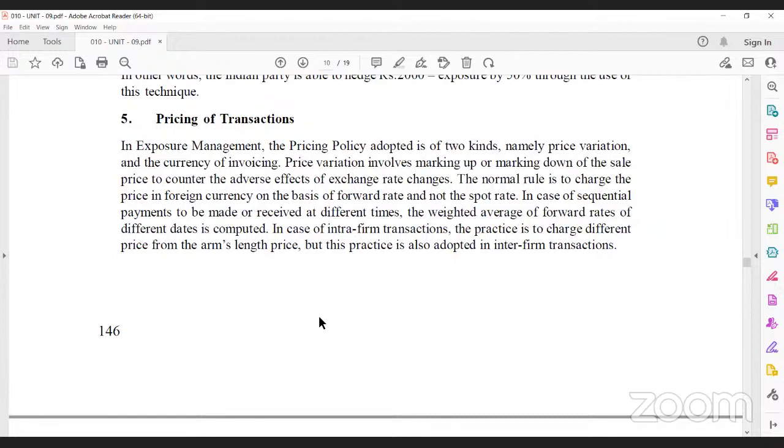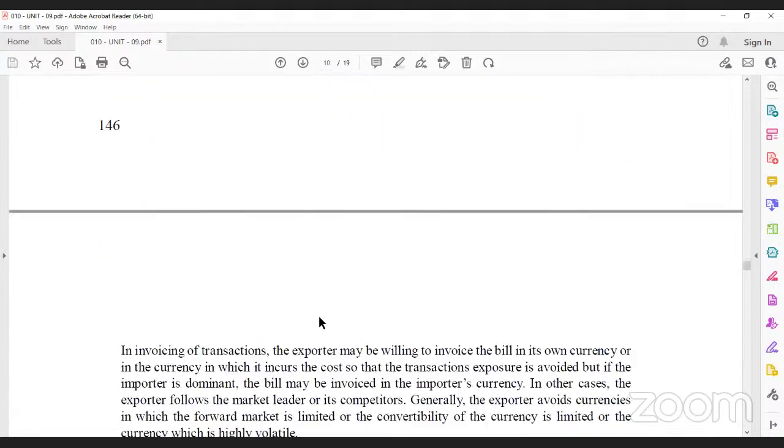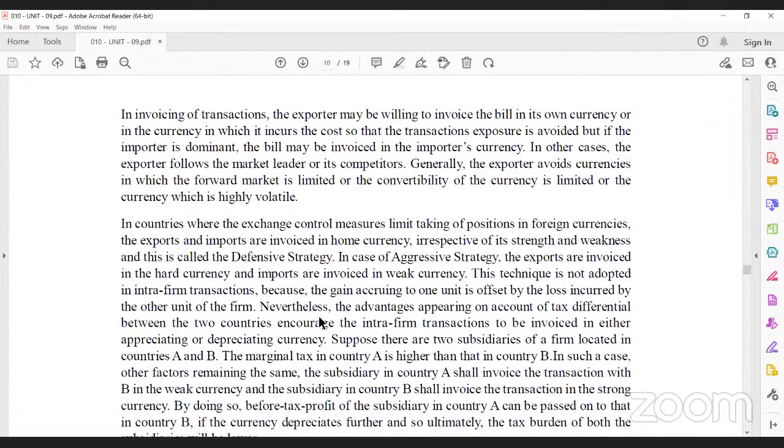In case of intra-firm transactions, a price different from the arm's length price is charged. This practice is also adopted in inter-firm transactions. In invoicing of transactions, the exporter may be willing to invoice the bill in its own currency.